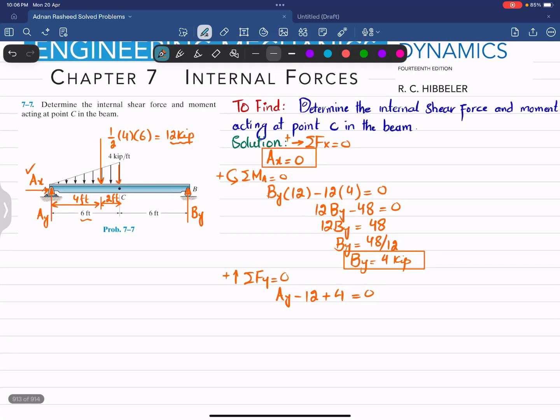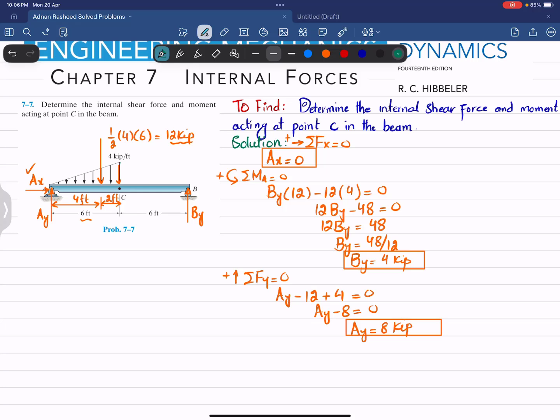From here, AY minus 8 is equal to 0. It means that AY is equal to 8 kips. Now we will move toward finding the internal load at point C.